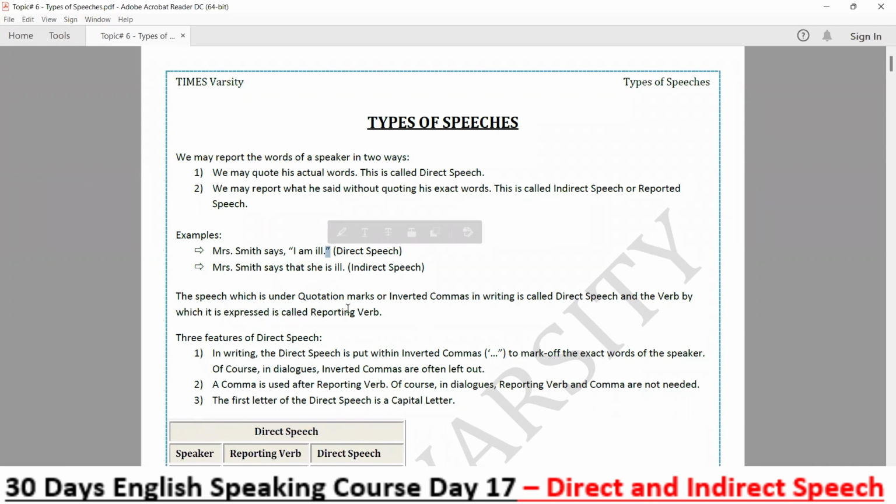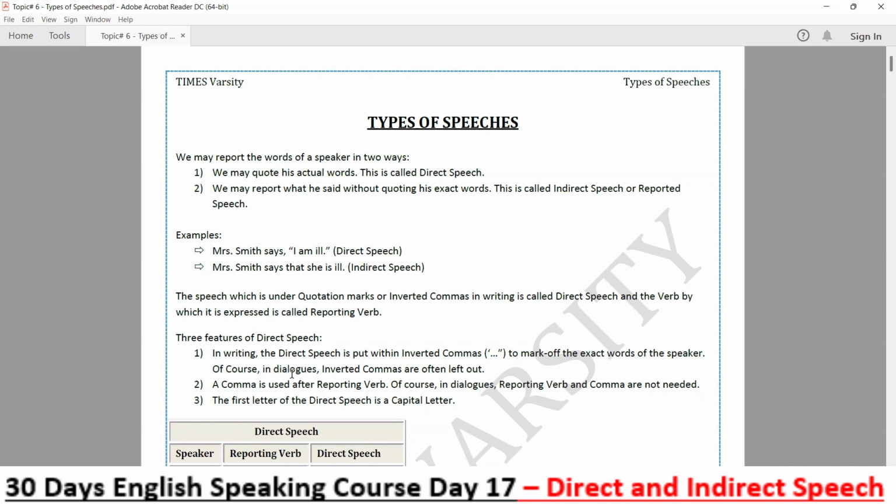The speech which is under quotation marks or inverted commas in writing is called direct speech, and the verb by which it is expressed is called a reporting verb. So, three features of direct speech. In writing, the direct speech is put within inverted commas to mark off the exact words of the speaker.